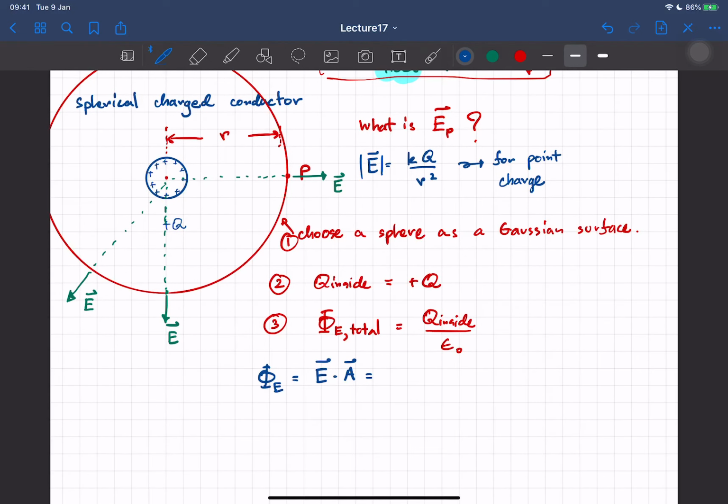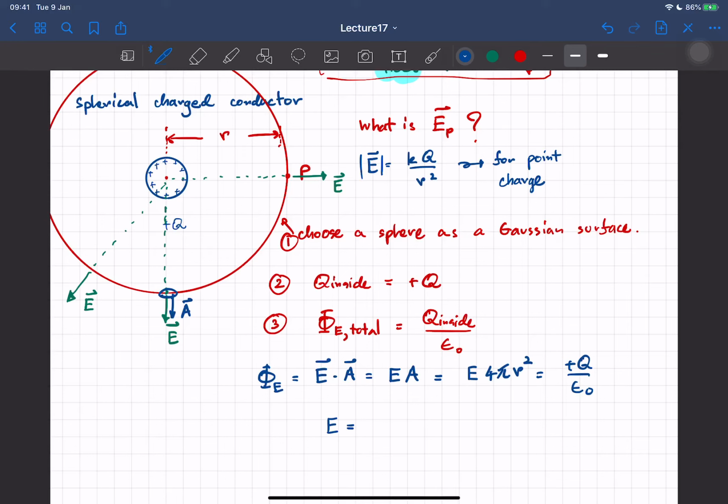And the area vector at the spherical surface will also point radially outward because it has to be perpendicular to the surface. So E dot A becomes just E times A again because cosine of 0 is 1. So you have the same thing, which is E times the surface area, 4 pi r squared, and that's equal to Q inside, which is plus Q, divided by epsilon 0.